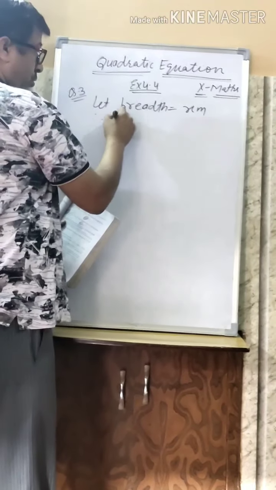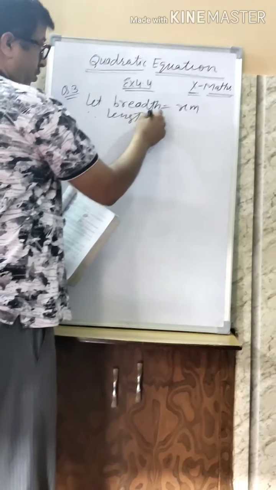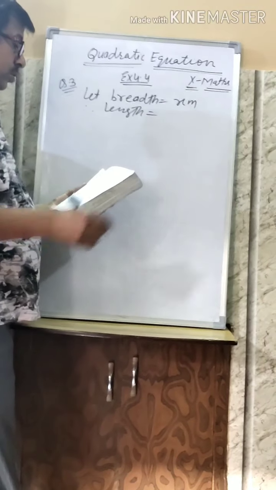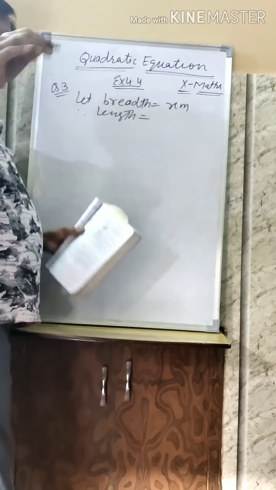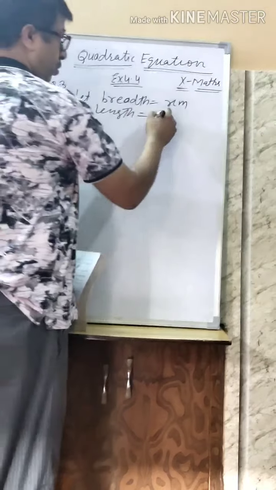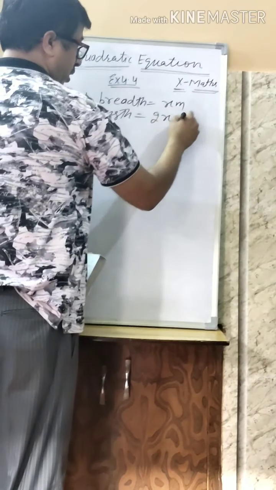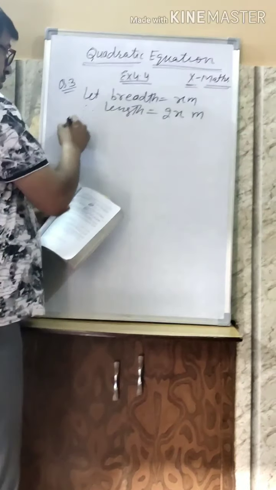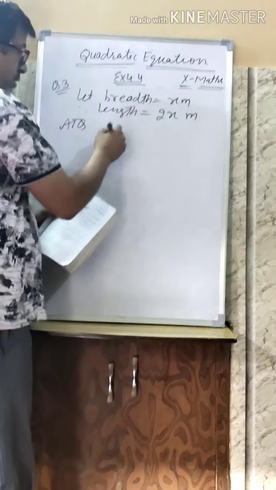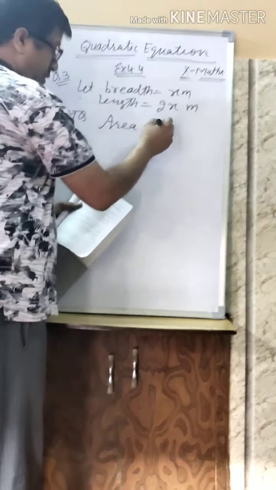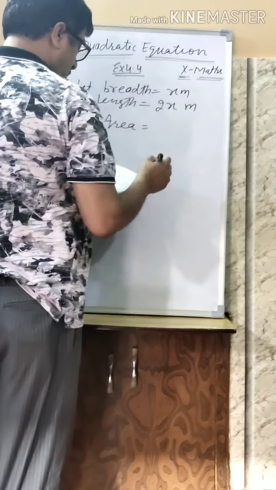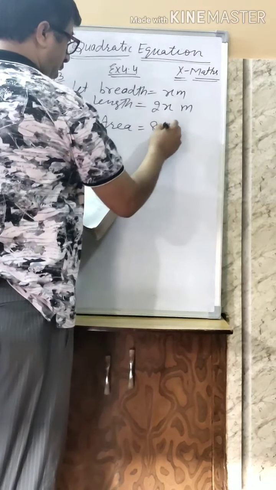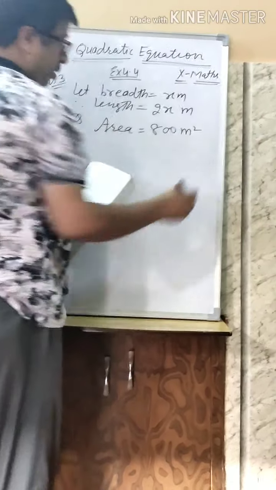So therefore length is equal to... length is twice its breadth. So length is 2x meter. So according to the question, its area is given. Area of the rectangular garden is given as 800 meters square.